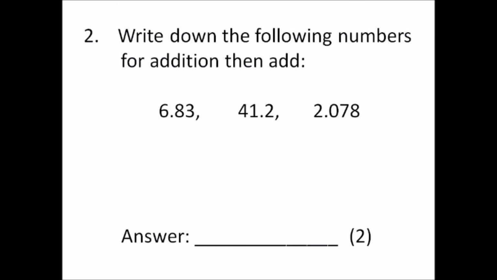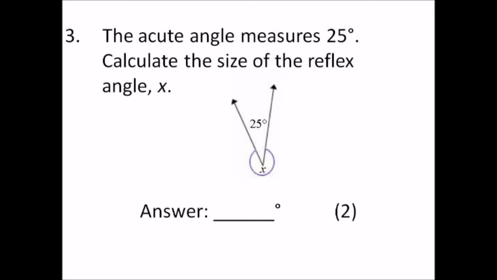So you can't just write them in any old order. There is a way you must write them in order to get the correct answer. And you should know how to write decimal numbers in order to add them. So that's important.